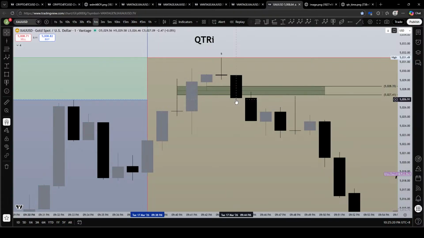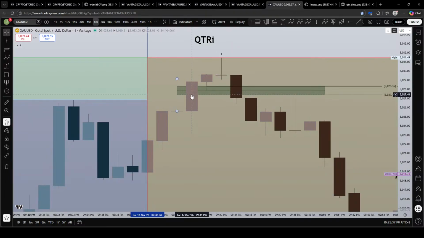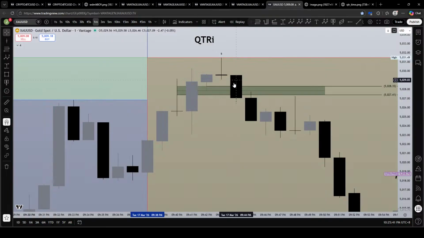So once it's body broken here, after the closing of the 1 minute candle, you have noticed that this candle broke the lower boundary of the identified bullish implied fair value gap. Then on the next candles, look for a short sell opportunity.